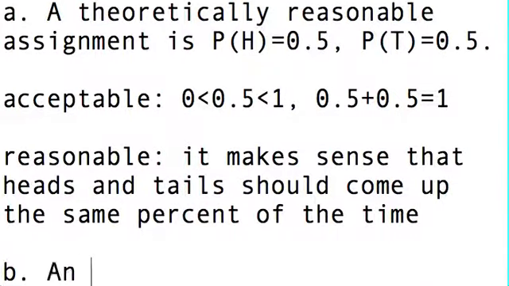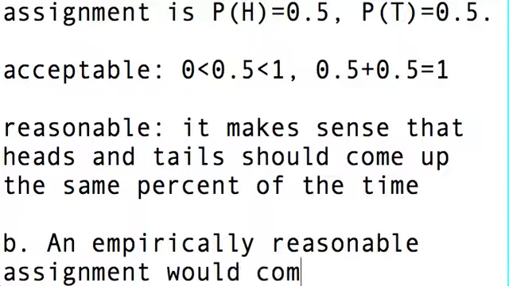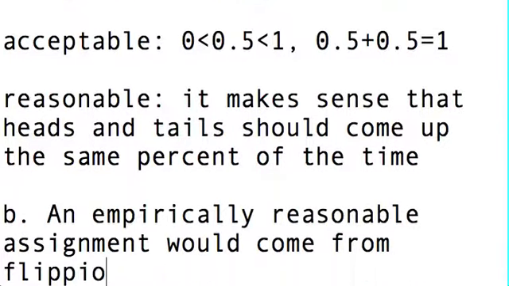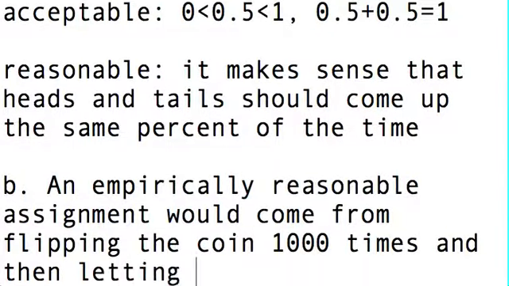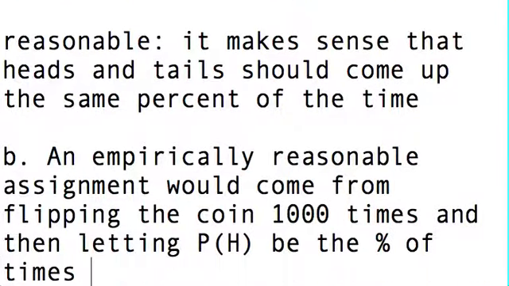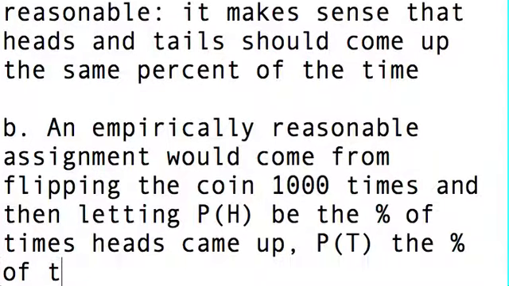B, an empirically reasonable assignment would come from flipping the coin, let's say 1,000 times, and then letting P of H be the percent of times heads came up, P of T the percent of times tails came up.